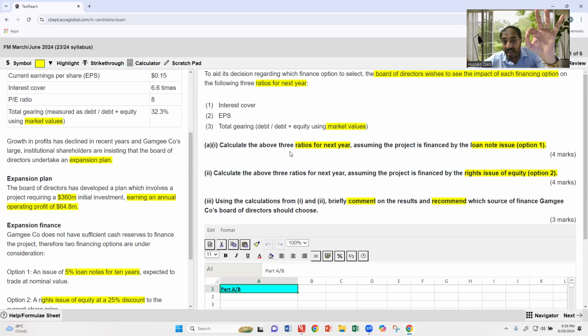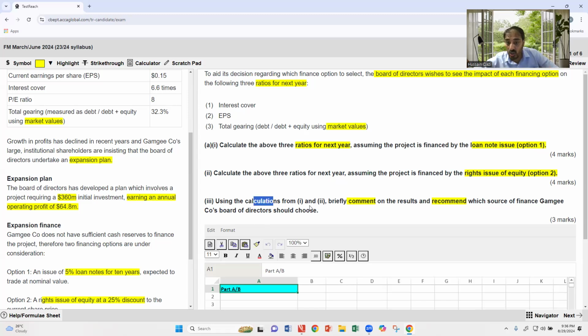First, calculate the three ratios for next year, assuming the project is financed by loan notes, 4 marks. The examiner very regularly examines this type of question in past papers. So here we need to calculate the ratios based on debt finance. A2. Calculate the above three ratios for next year, assuming the project is financed by a rights issue, equity, option 2, 4 marks.